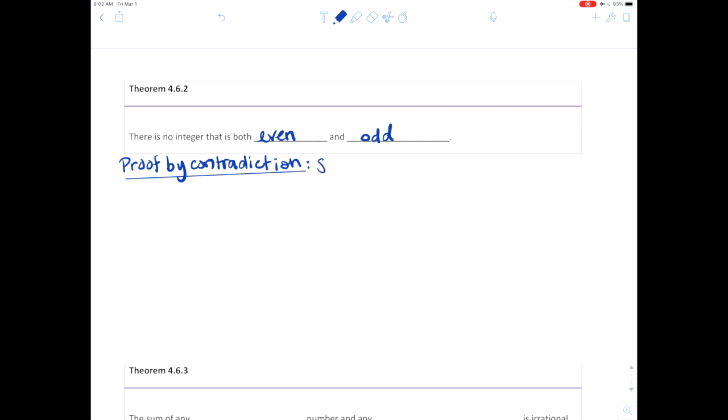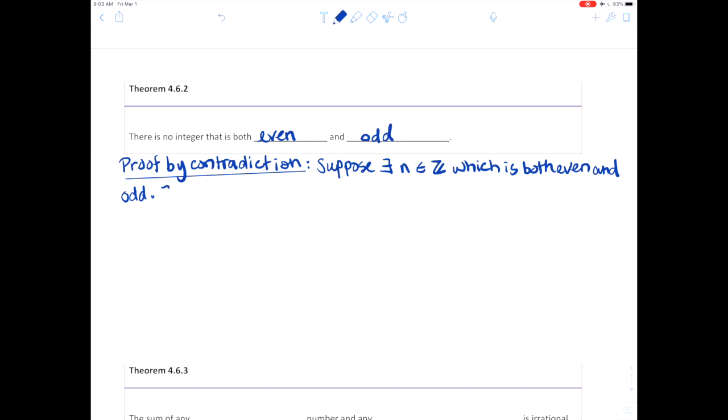Beautiful. Suppose there does exist some n that belongs to the set of integers, which is both even and odd. Cool, cool? All right.